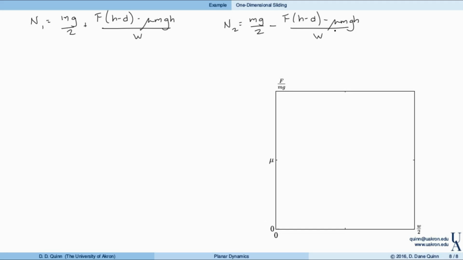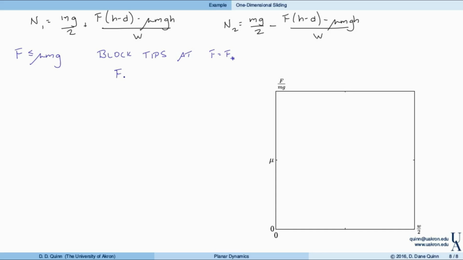And again, we have two cases, slip versus stick. Stick occurs for F less than or equal to mu mg. In this case, we have the same results as before. Namely, the block tips at F equals F star. Below that, it sticks; above that, it tips.